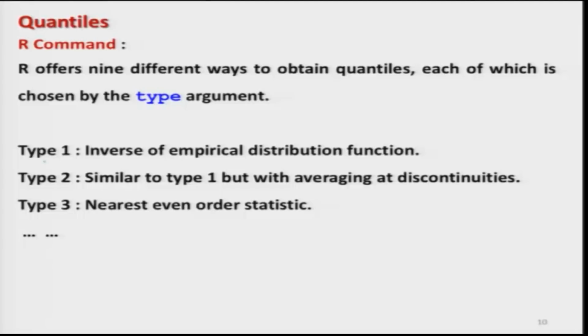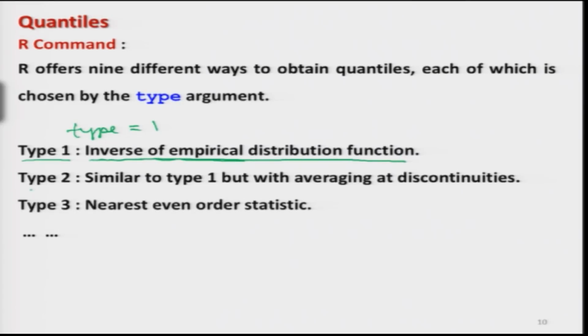Okay. So, for example, if I say type is equal to 1, then this is going to use the algorithm based on the concept of the inverse of the empirical distribution function.